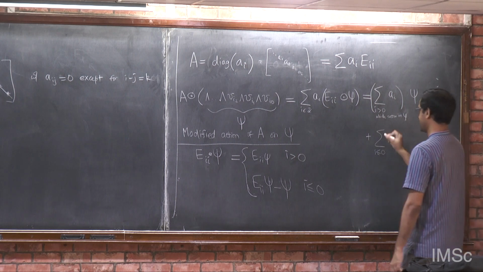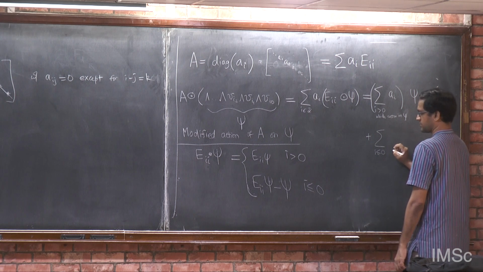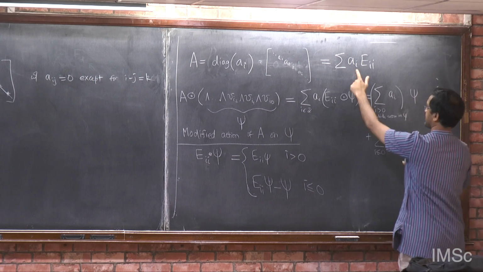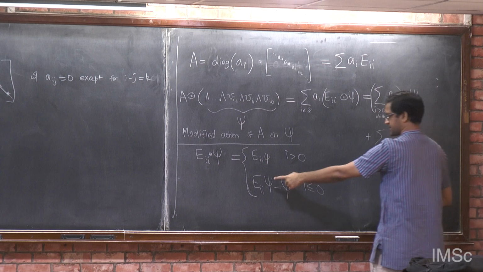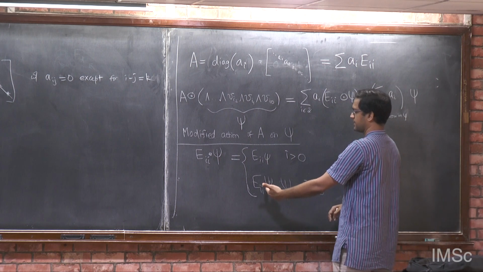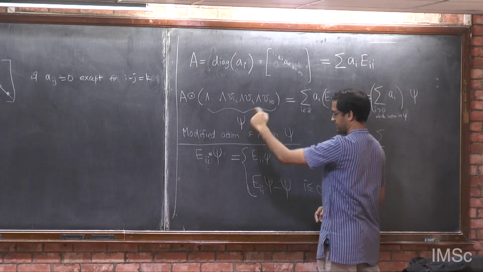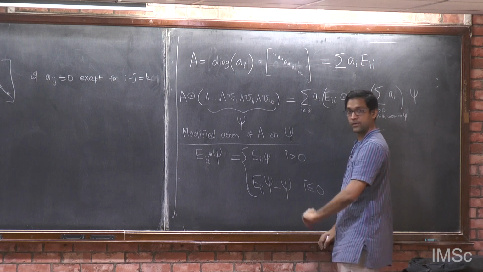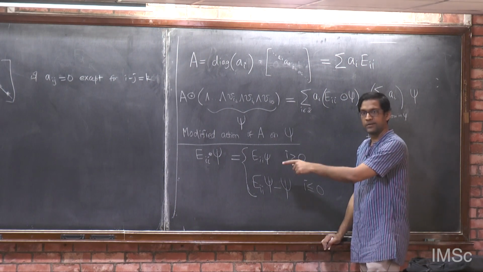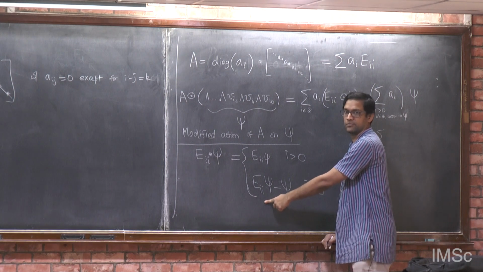Plus the sum over i less than or equal to 0. What will we get here? It is a_i times the modified action of E_ii on psi. Now how does E_ii act on psi? Again, if i occurs among this list, then E_ii psi will equal psi, and if i doesn't occur, it is 0.